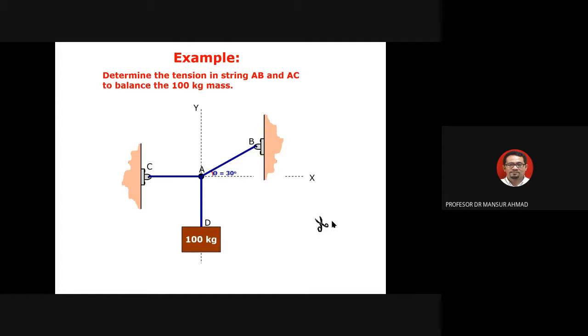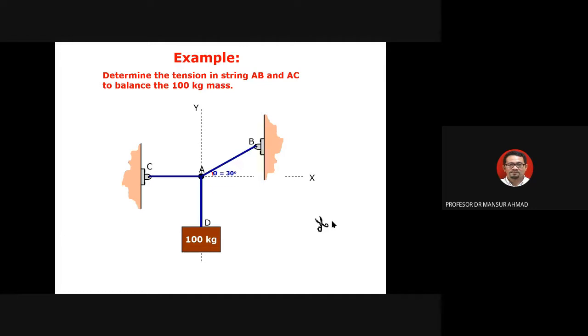Free body diagram in bahasa Malaysia is gambar rajah jasad bebas. If you refer to a bahasa Malaysia textbook, free body diagram is gambar rajah jasad bebas. So free body diagram, FBD.